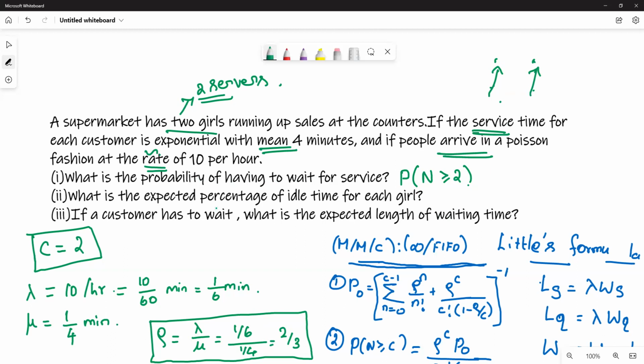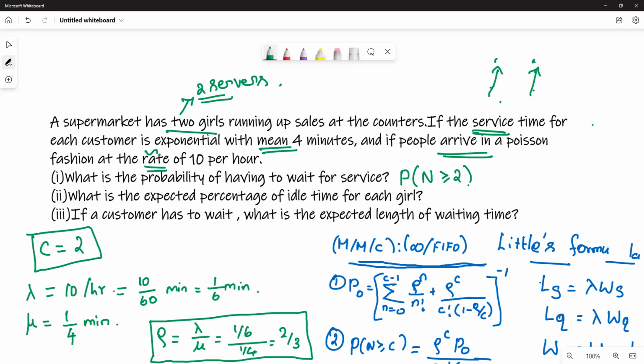Okay, next subdivision: what is the expected percentage of idle time for each girl? Here girl denotes the server. Okay, idle time for the server. Always, rho denotes the busy time. Idle time means it's 1 minus rho. Percentage of idle time means it's 1 minus rho into 100 generally. But here there are two servers. If it is a single server, we calculate it as 1 minus rho.